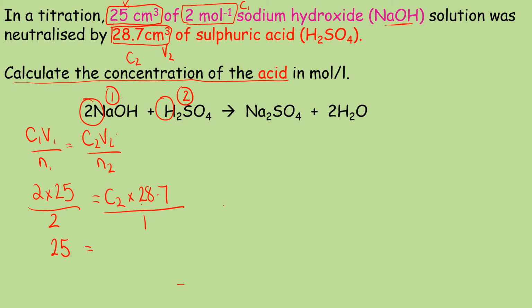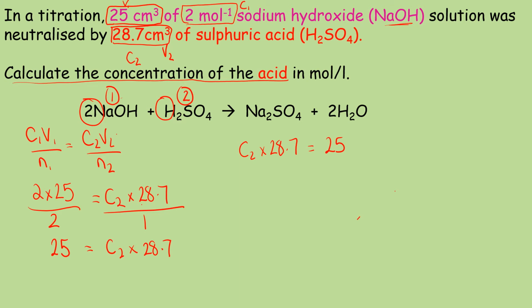On this side, C2 times 28.7 and then divided by 1, I'm just multiplying it by 28.7. I'm going to do the same as before and turn it around, because I like to have the letters on the left hand side. It helps me to understand what's going on a bit better. So C2 times 28.7 is equal to 25.